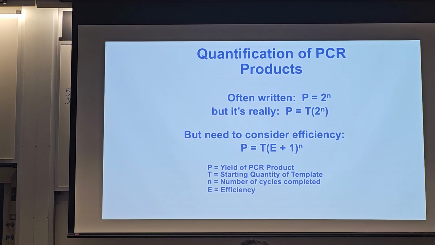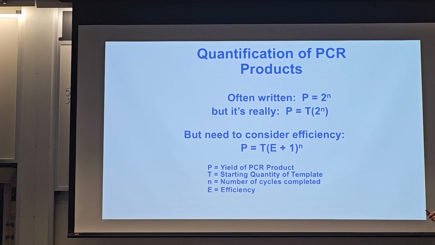It's really very simple. Here, P is the amount of PCR product that you have. It's doubling every cycle. The number of cycles is n. So 2 to the n would be the amount of product you'd expect after n cycles if you started with one molecule.